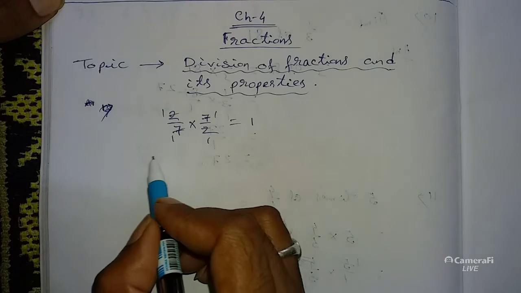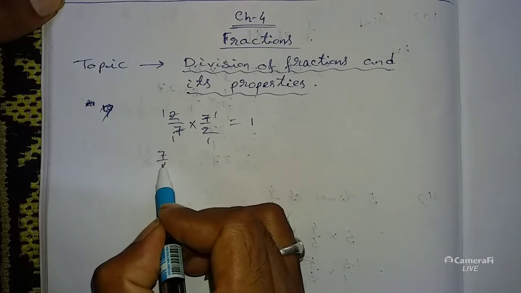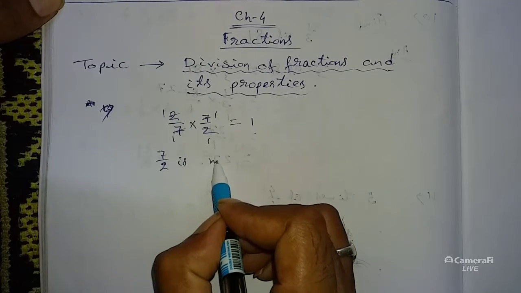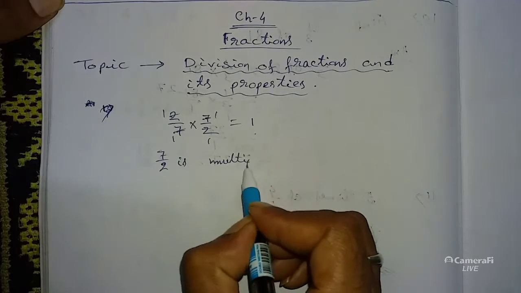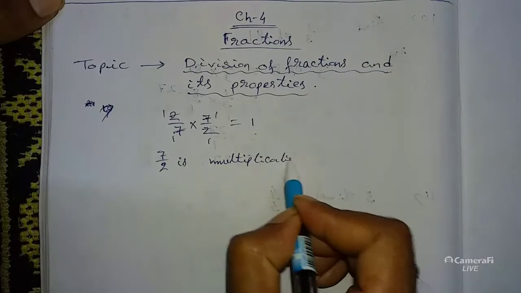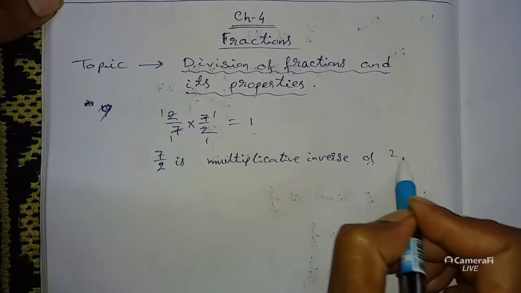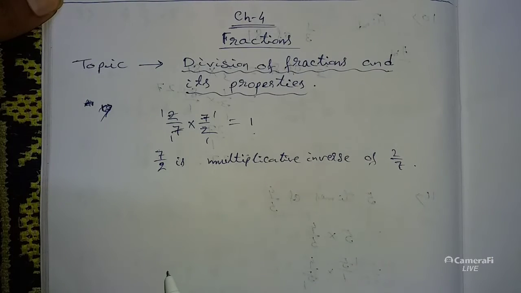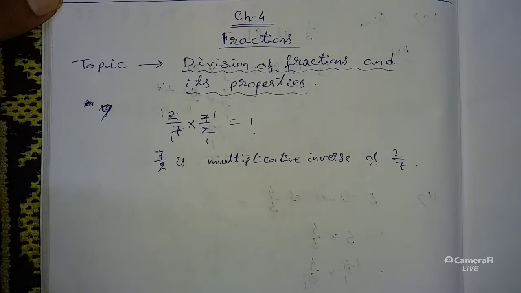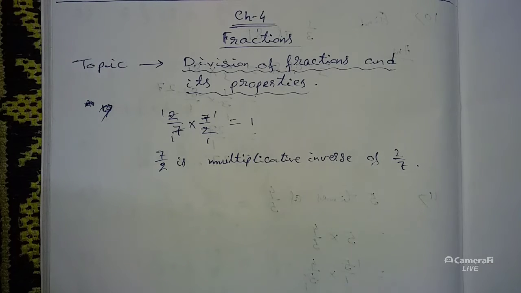So, we can say that 7 by 2 is the multiplicative inverse of 2 by 7, or conversely you can say that 2 by 7 is the multiplicative inverse of 7 by 2 also.